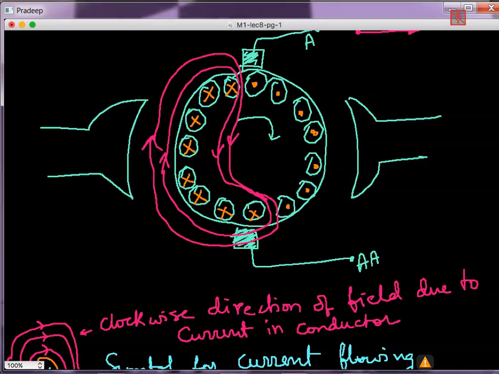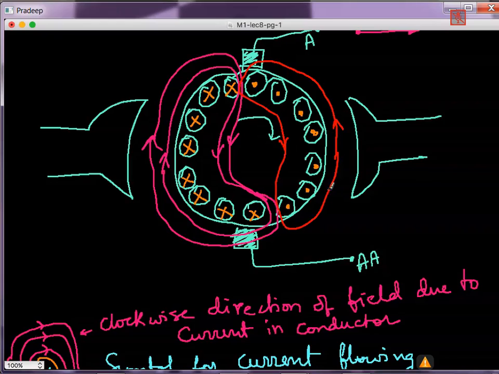Similarly, look at the dot conductors. Here the magnetic field will be anti-clockwise. So when you have an anti-clockwise magnetic field, here it will be down and here it will be up. Again here it will be down and here it will be up.